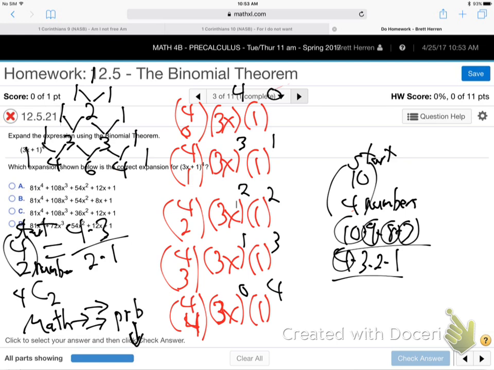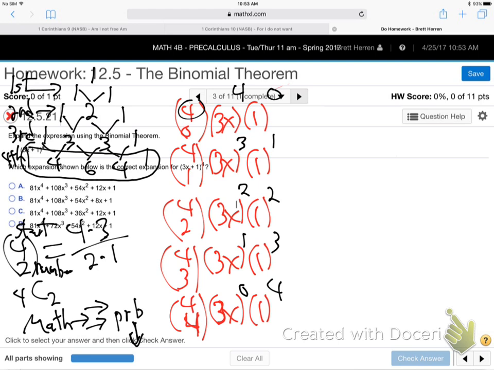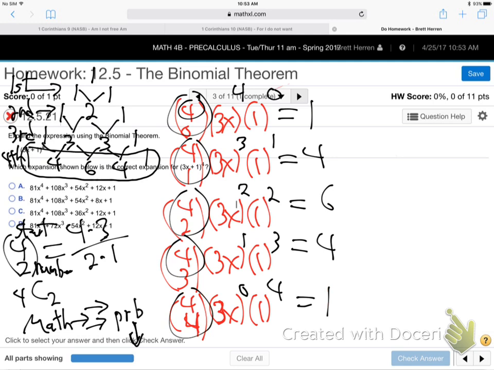Where you find them on Pascal's triangle: it starts right there at the 1, 1. This is first power, second power, third power, fourth. So this is it: 1, 4, 6, 4, 1. That means these coefficients will be 1, 4, 6, 4, 1, because I have a 4th power.